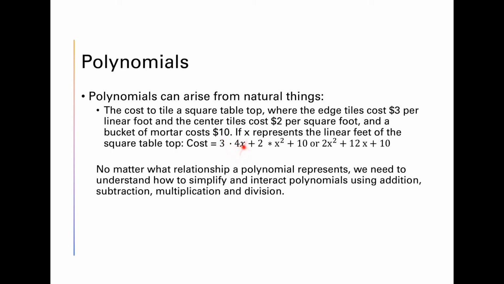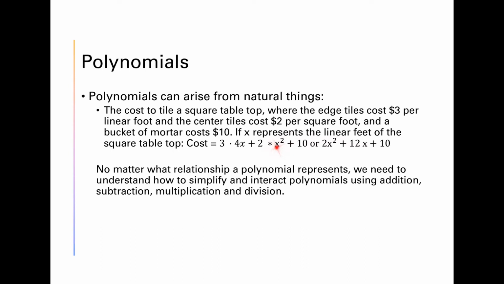So if it's 10 feet, that's going to be 40 linear feet, and then 40 times $3 per linear foot gives us the cost for that. And then 2 times x squared. It's $2 per square foot.